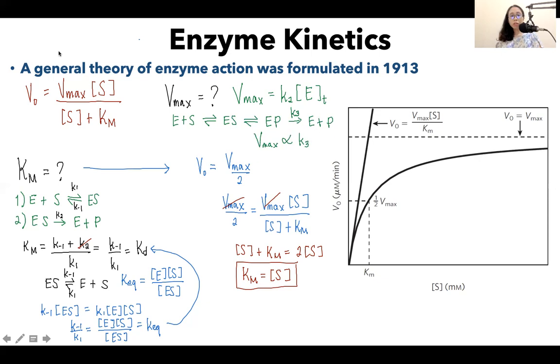So all of these, you don't have to be very particular about this information on your Km and your Vmax. As long as you know that these parameters are based on the two-step mechanism, then you know how to interpret them properly.